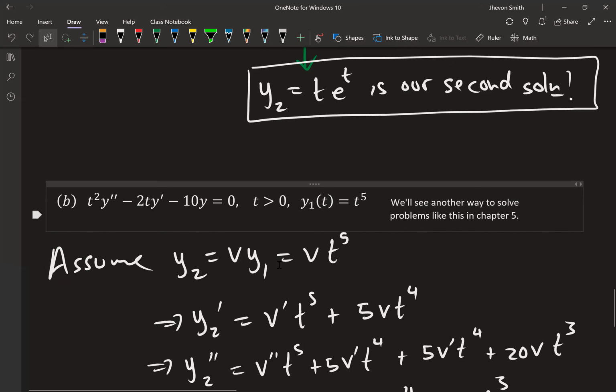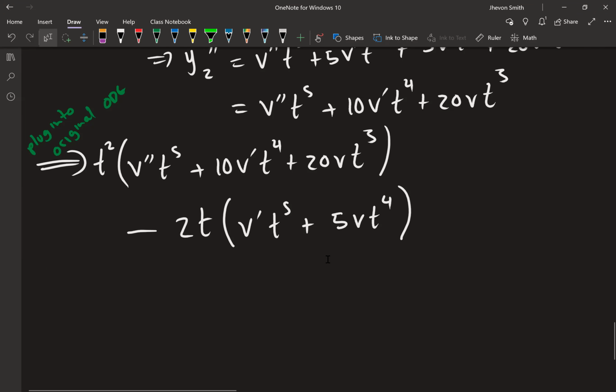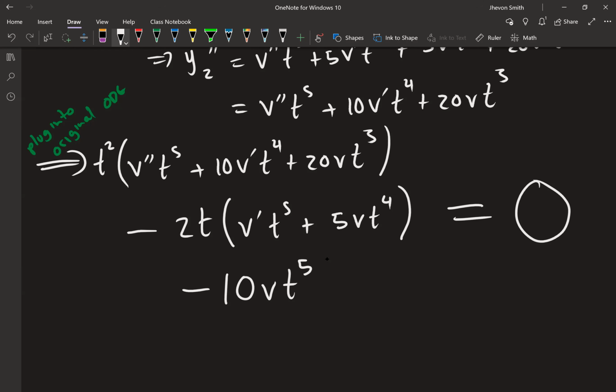Then I'm going to have minus 10 times y, which I assumed is vt to the fifth. And all of that should equal 0.